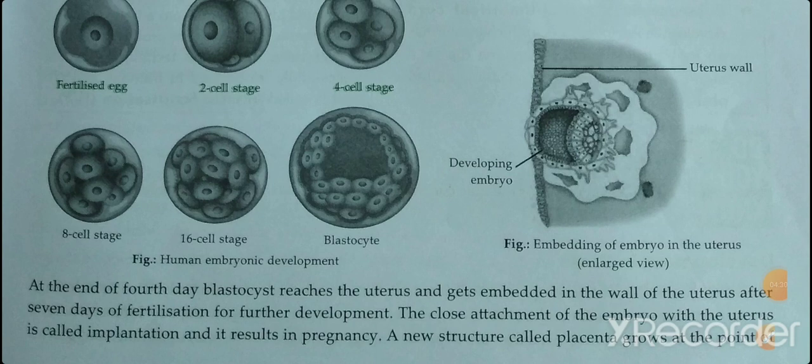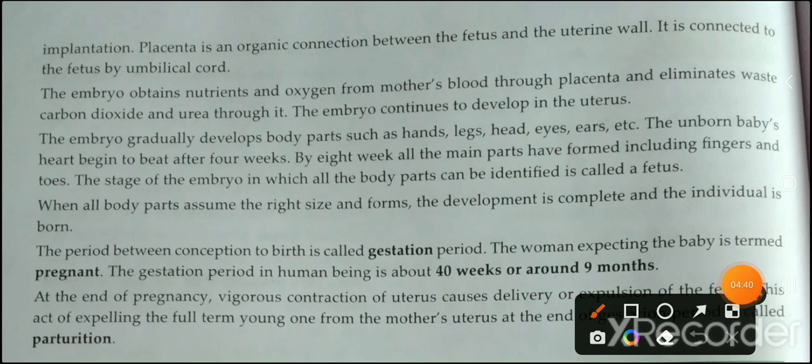Through the placenta and umbilical cord, nutrition, water and oxygen from the mother pass to the baby. Now we can consider the gestation period, which is the full period from conception to birth, around 40 weeks, or 9 months.